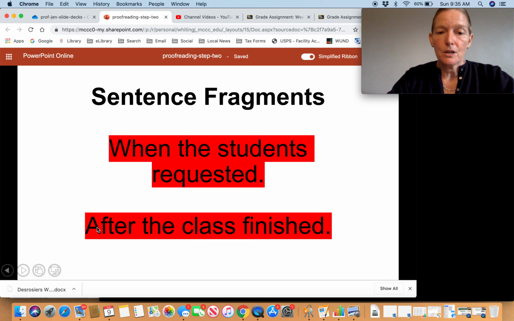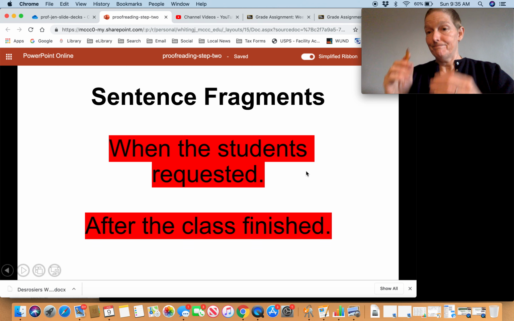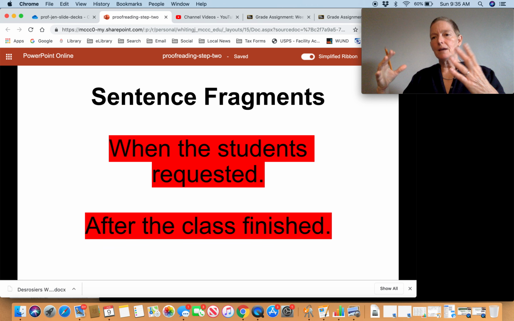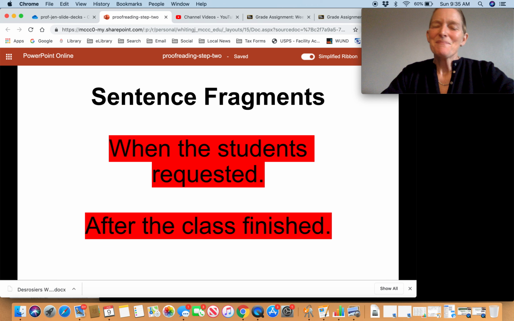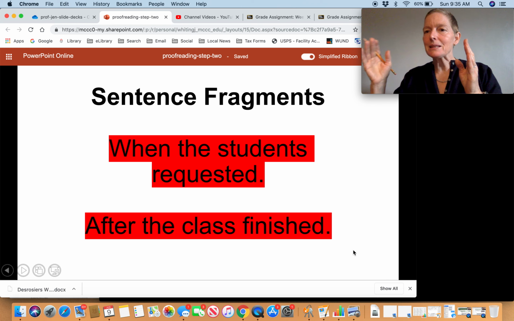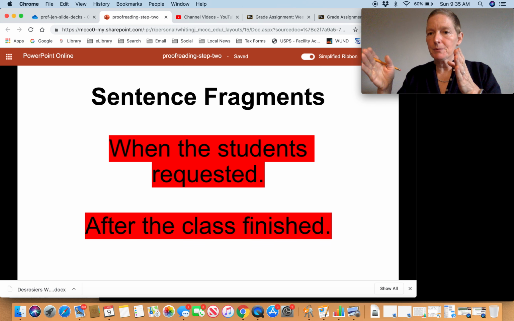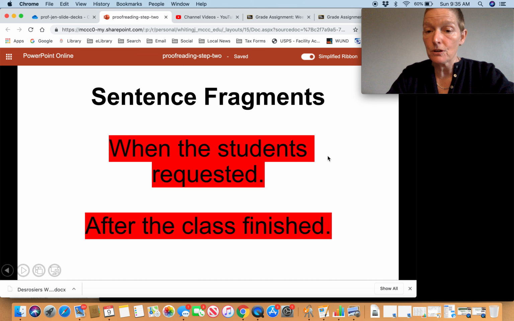And typically it's when the students requested to leave early, comma, the professor said, sure, okay, or whatever. So you want to make sure that all of your sentences have the complete idea in them. Remember, a sentence is one complete idea, and these ideas are not yet complete.